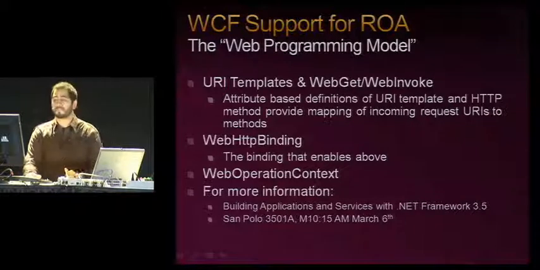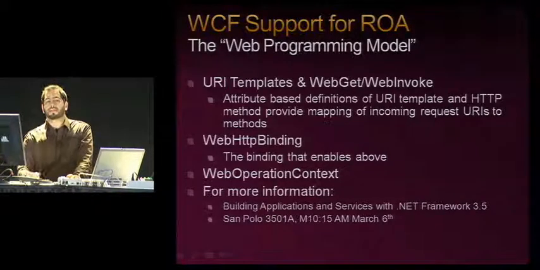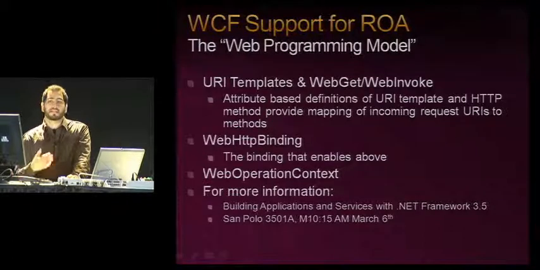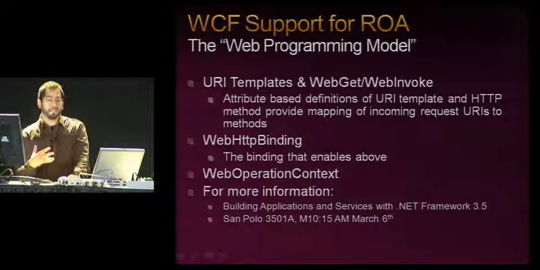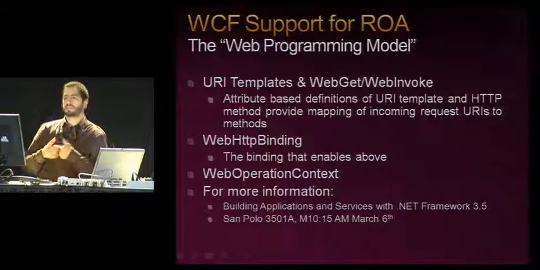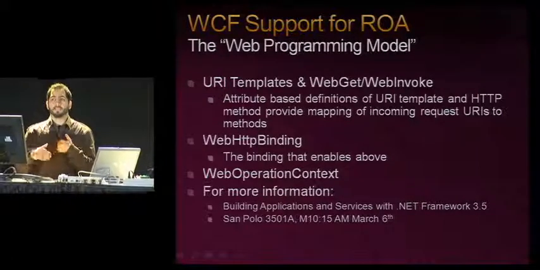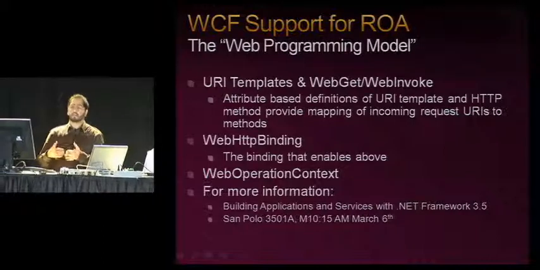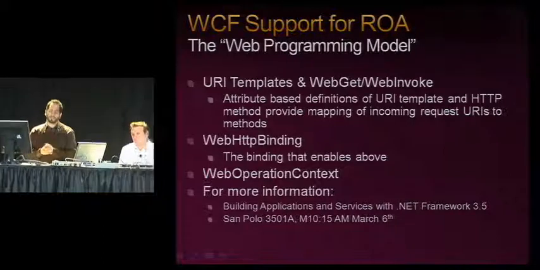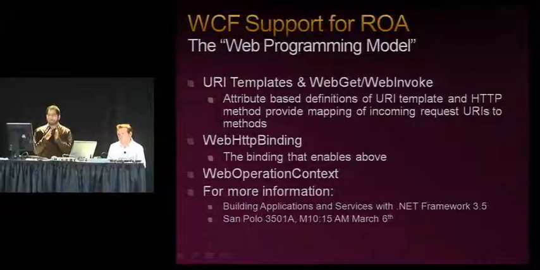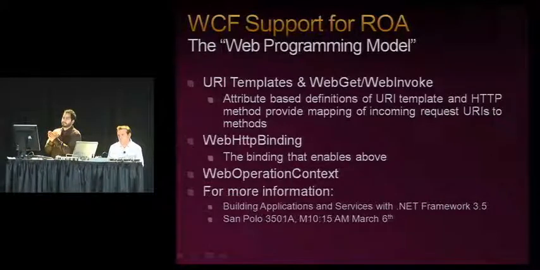Another key feature is the operation context. The web operation context is a class that allows us to manipulate messages that come in and messages that go back out. And when I say manipulate, I mean manipulate them in a RESTful way. For example, if we want to send back a non-authorized exception, let's say somebody tries to enter into our API and they're not authorized. Well, in HTTP, we have a status code called 401.